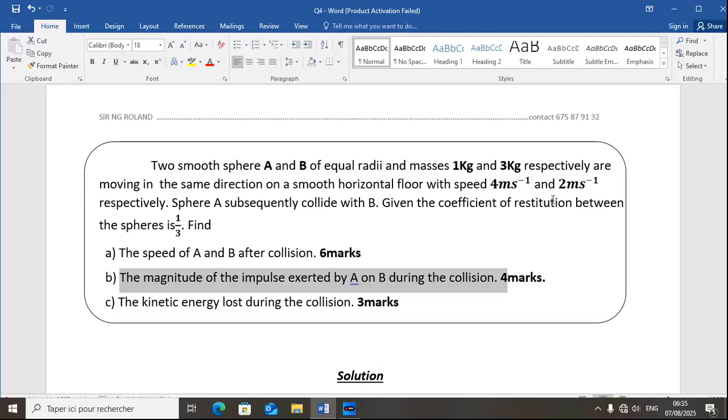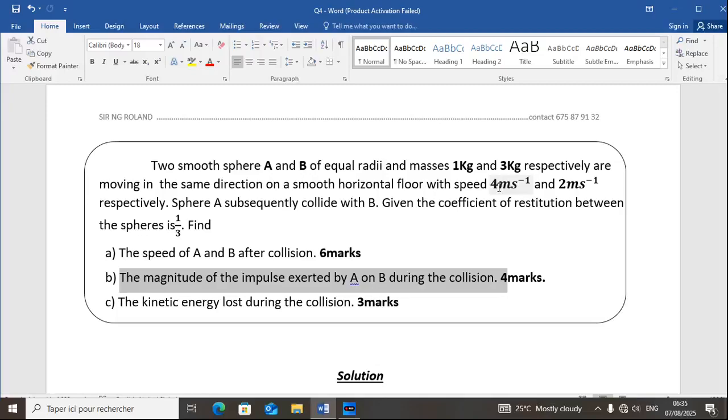Since A came before B, 4 should be the speed of A and 2 meters per second the speed of B. Same thing with their masses: 1 kilogram is the mass of A and 3 kilograms is the mass of B. Hope this word is well explained and understood.